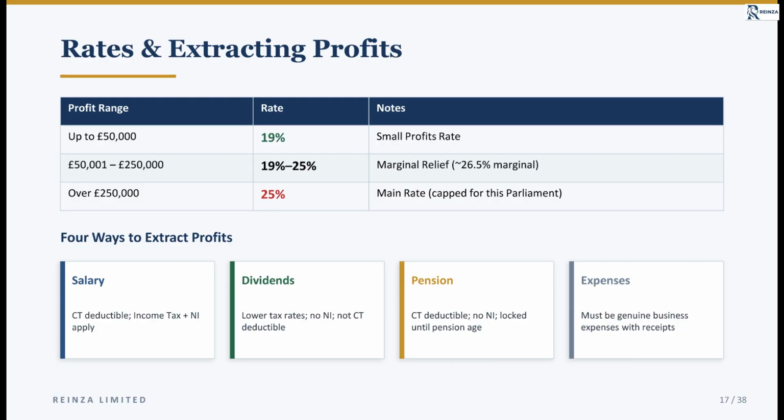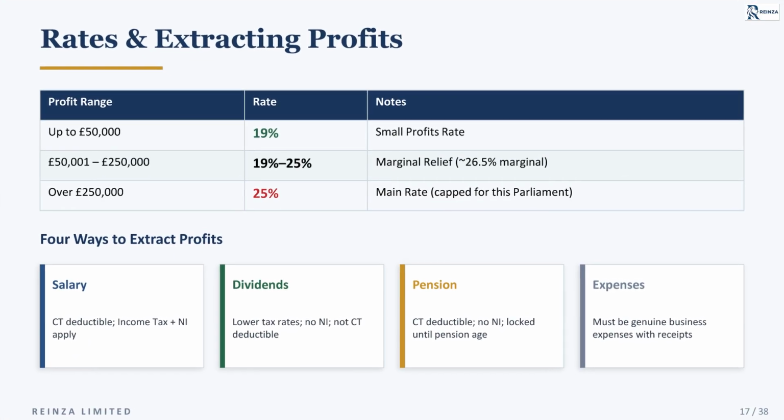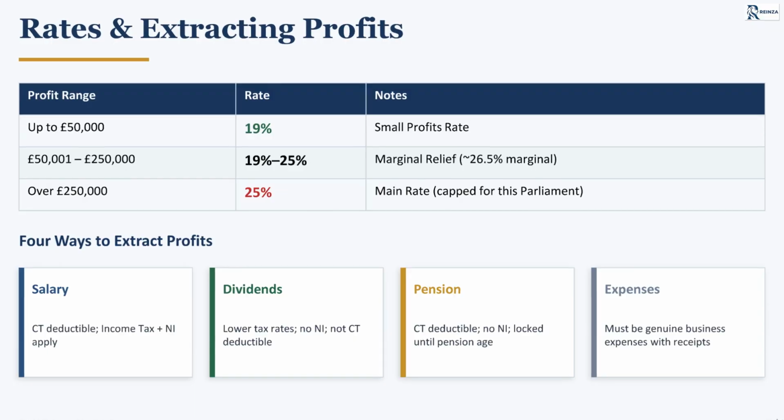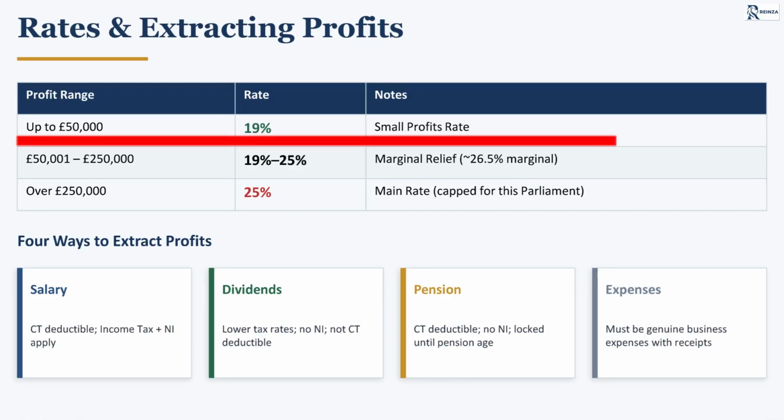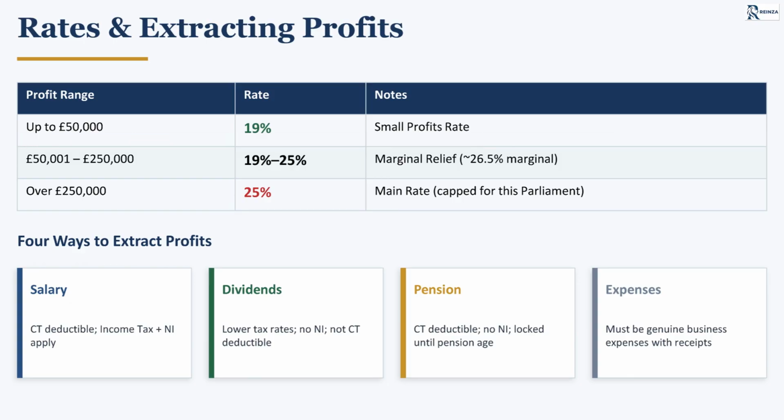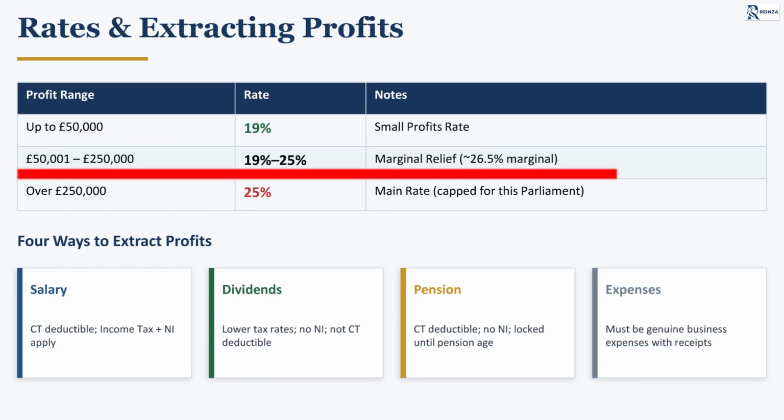Corporation tax has a two-tier rate structure with marginal relief in between. For profits up to £50,000, the small profits rate of 19% applies. This is the rate most small companies will pay. For profits between £50,000 and £250,000, marginal relief applies.